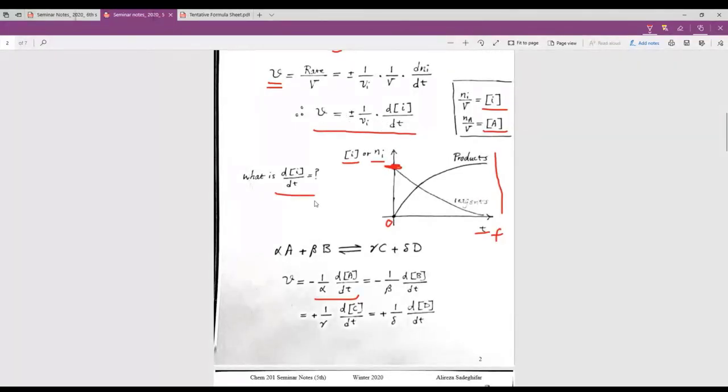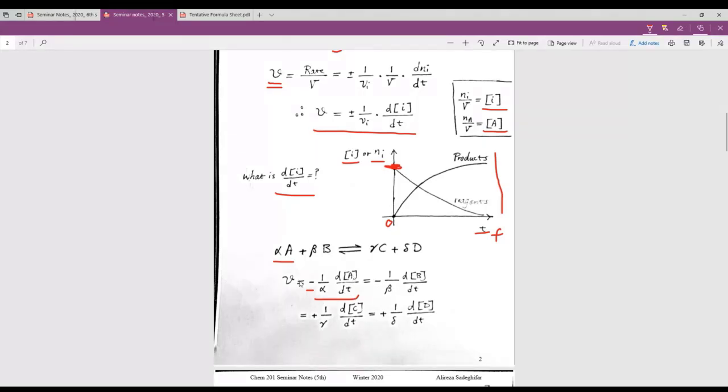Because A is a reactant, we use a negative sign here. Negative 1 over nu I. What is nu I? It's the stoichiometric coefficient, which is alpha here, right? And then d[I] over dt, where I here we replace by the species A, over dt.